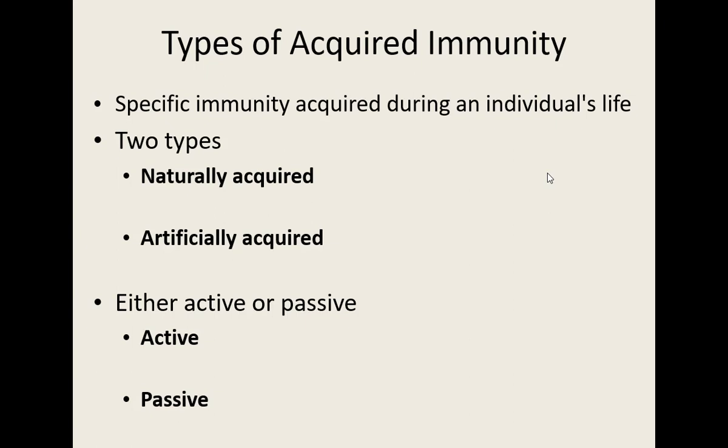One of the top passive immunities is mothers and breastfeeding. That milk has antibodies that mom made, but the baby now has antibodies through the breast milk. So that baby has passive immunity. They have antibodies in their body. They didn't make them. So they have some immunity. They just didn't do a thing.